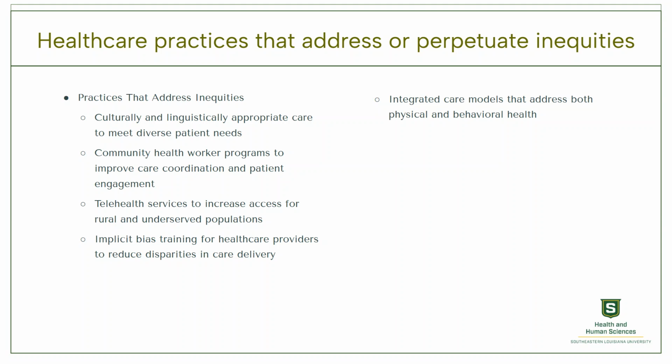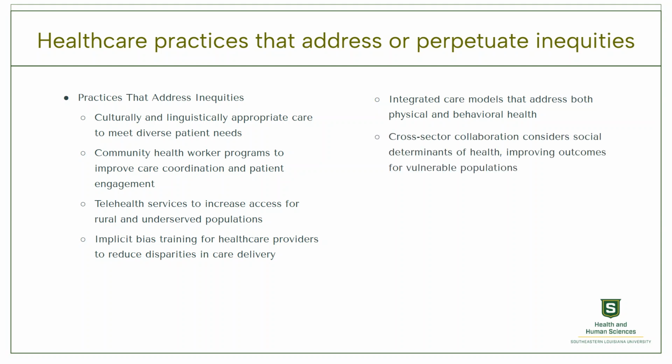That way it doesn't wait until the behavioral aspect becomes unmanageable, or gets to the point where it becomes quite difficult for them to be a functioning member of society, and then they start seeking behavioral health services on their own. When there's integrated care between physical and behavioral health, they are able to stay within the manageable level or preventive care, so that things do not escalate and get worse.